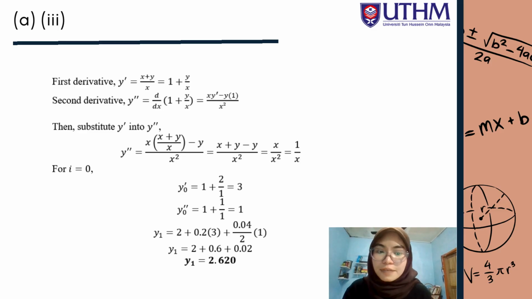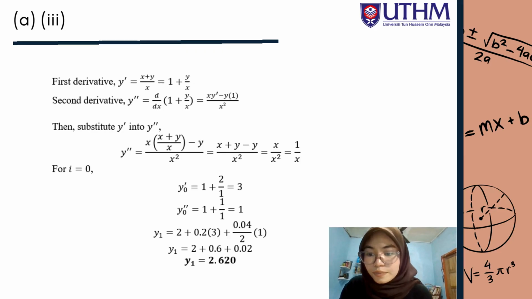Then for this Taylor method, we use the formula of y(i+1). So we can get the first derivative y' and second derivative y'' from the equation given in this question. So we can substitute y' into y'', and we can get the last formula to use for iterations 0, 1, 2, 3, 4, and 5.